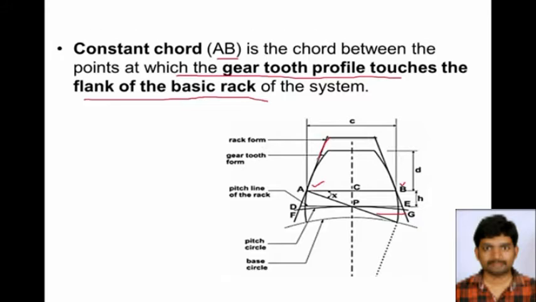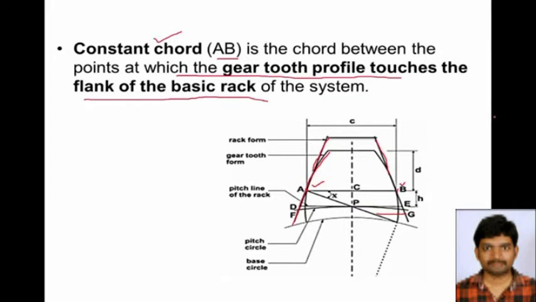So we can see here there is a basic rack of the system and gear profile. The points A and B, the distance between them, is the constant chord. AB is a constant chord.